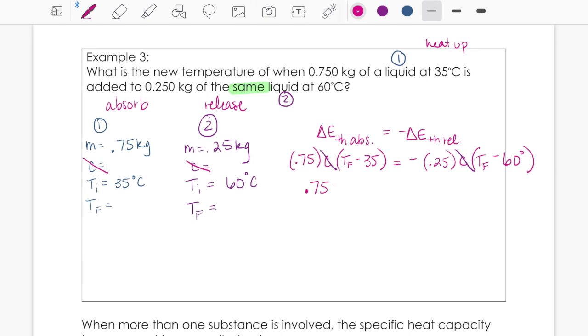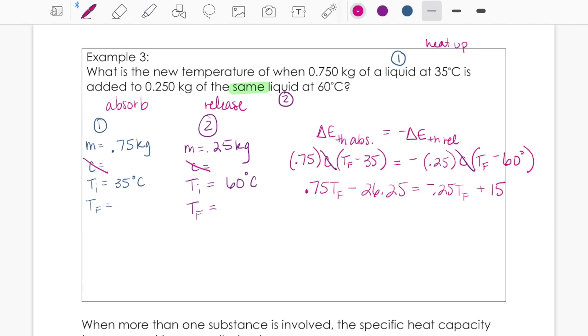So I'm going to distribute this 0.75, so 0.75 TF minus 26.25 equals, and then I have negative 0.25 TF plus, because it's a negative times a negative, and then 15. So I did the 0.25 times the 60 to get 15.